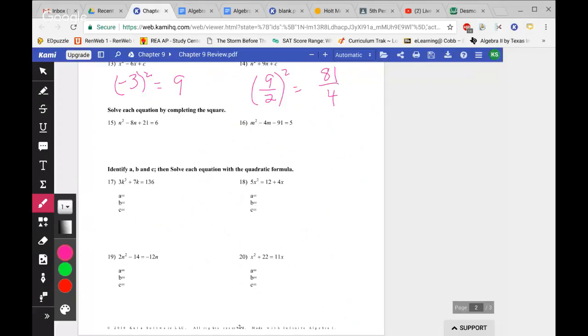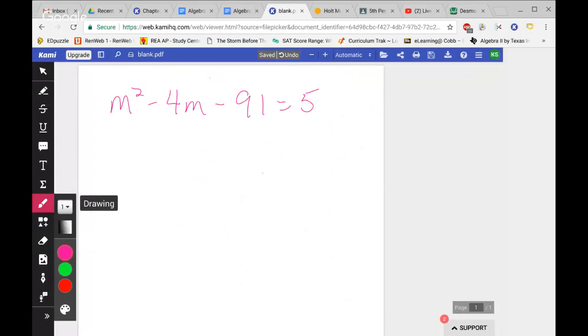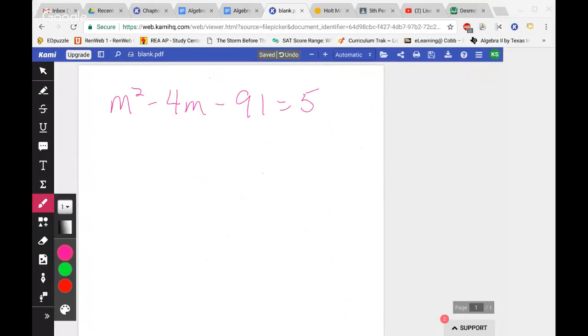Equals 5. Make sure I copy it down right. Does that look right to you? Yes. All right. Hang on just one second. Oh, Madison came and left. Sorry about that.